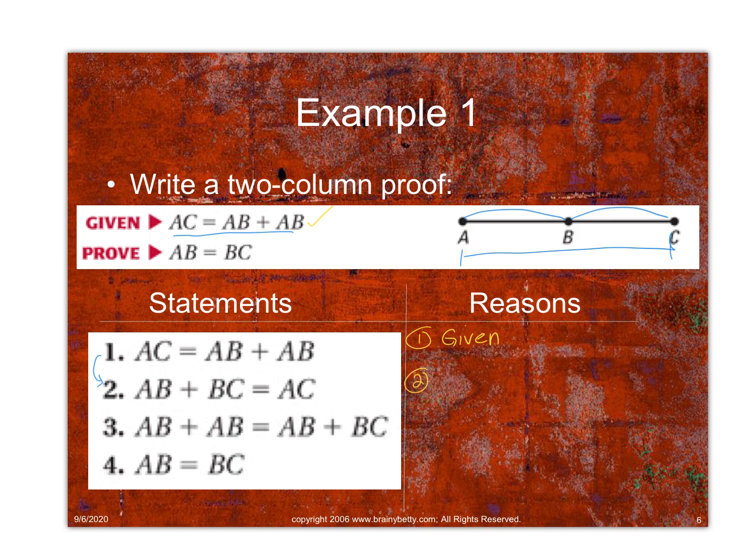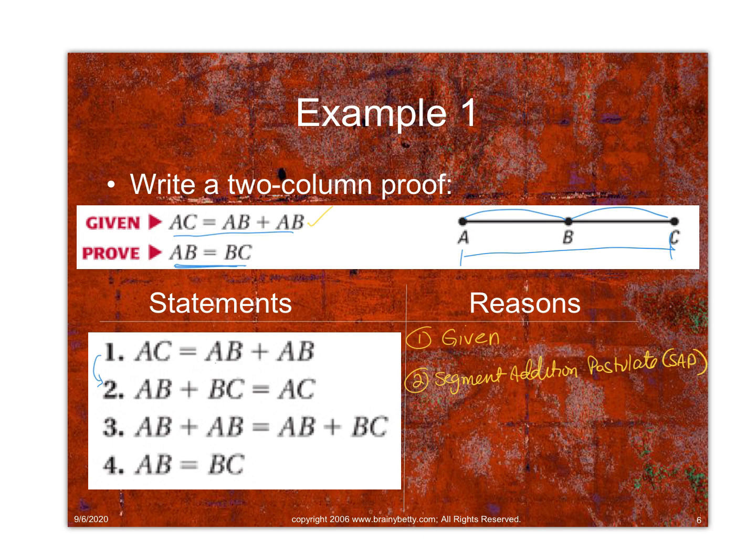Well, this is actually a postulate. This is the segment addition postulate that we learned about in chapter 1. Segment addition postulate, or SAP for short, says that the pieces add up to the whole. Now you might wonder, why did they bring this in? Notice that they want you to prove that AB equals BC.